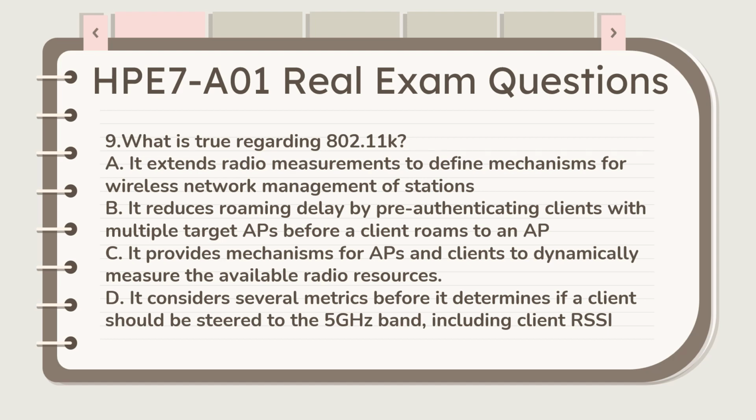9. What is true regarding 802.11k? A. It extends radio measurements to define mechanisms for wireless network management of stations. B. It reduces roaming delay by pre-authenticating clients with multiple target APs before a client roams to an AP. C. It provides mechanisms for APs and clients to dynamically measure the available radio resources.